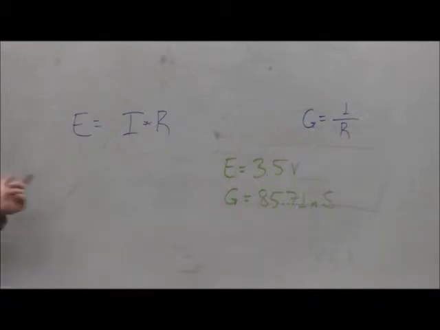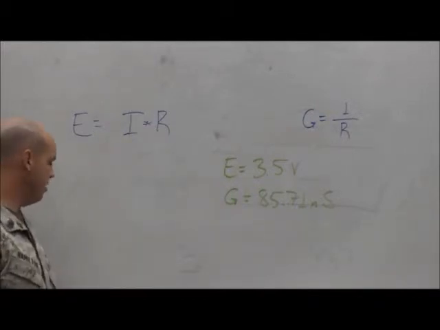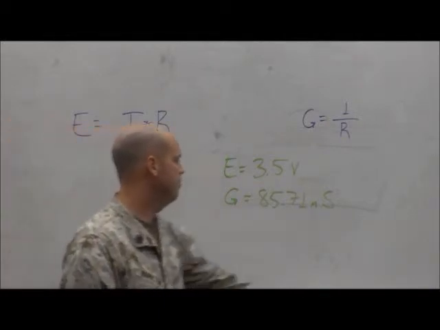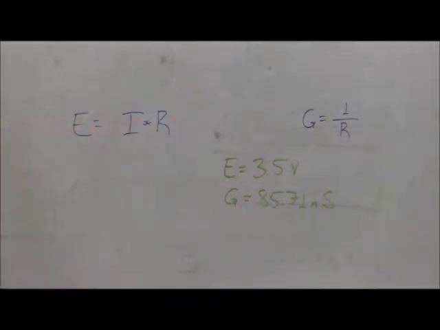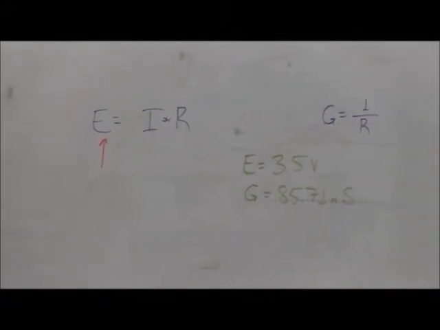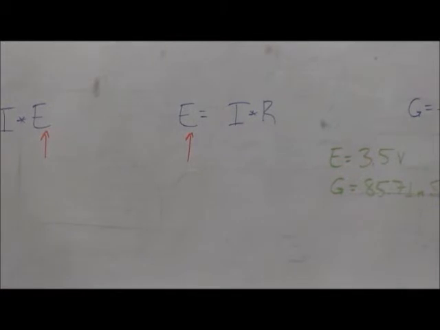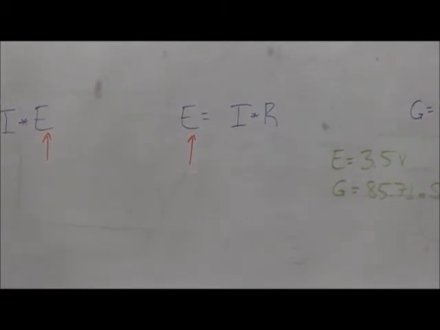Well, if we examine these two formulas, we find that we're given E. That exists in both formulas, does it not? So we're given an E. And we're given a G.